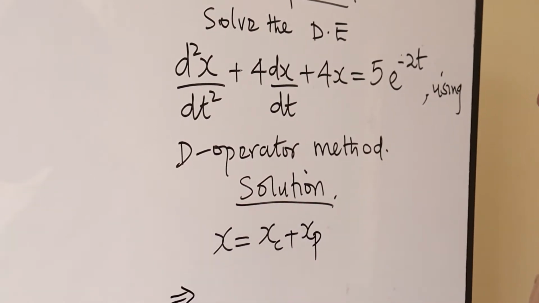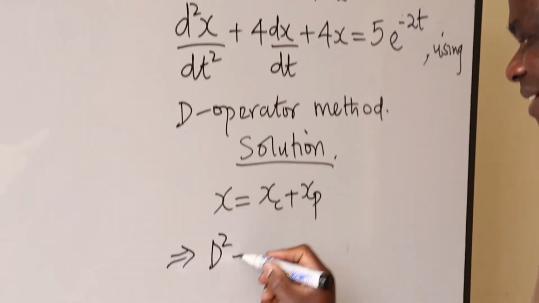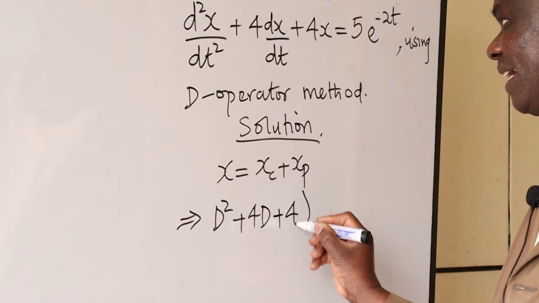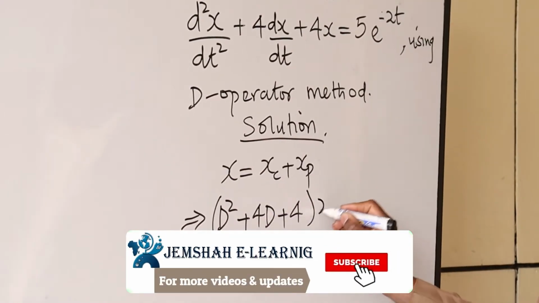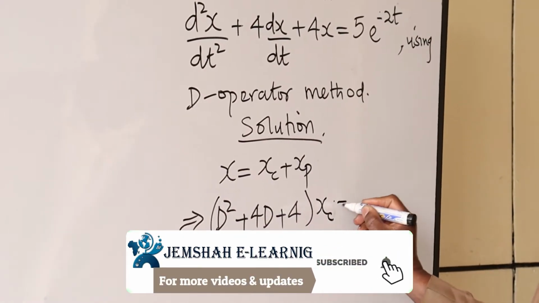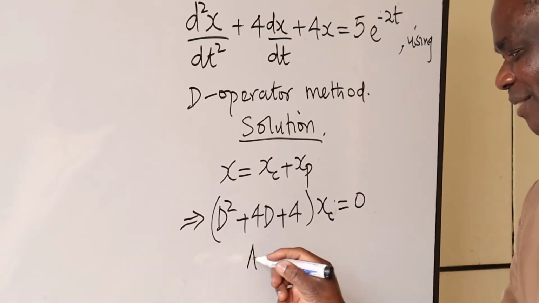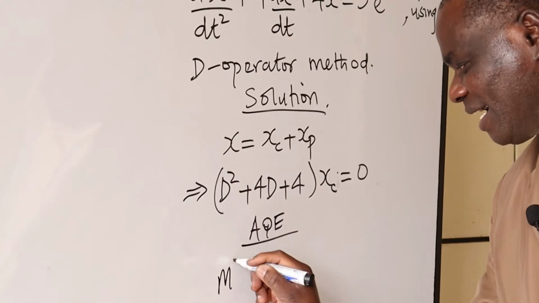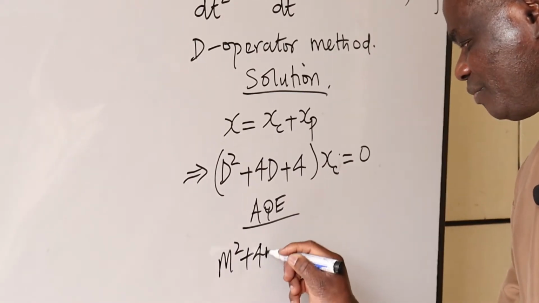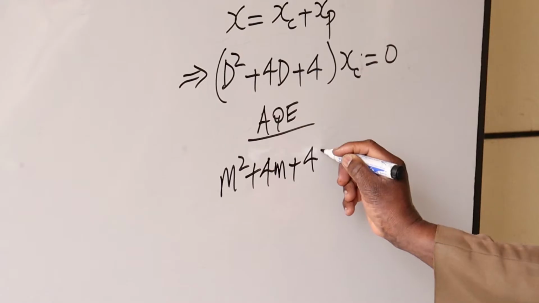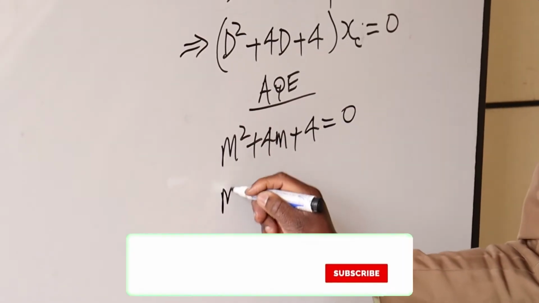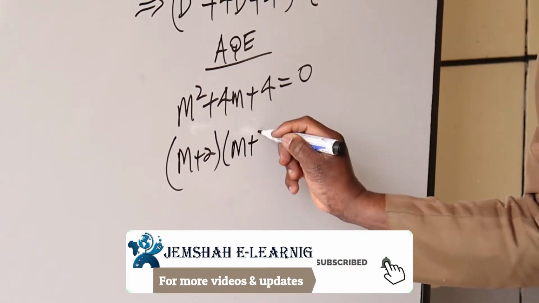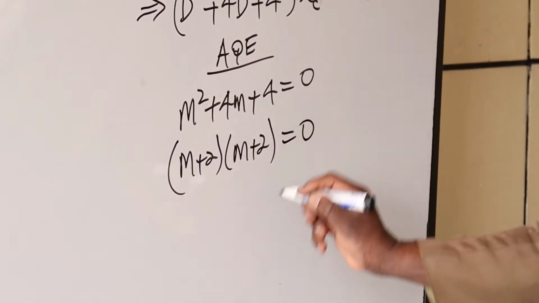This implies what? Our d squared plus 4d plus 4 into x should be equal to 0. Auxiliary quadratic equation will be m squared plus 4m plus 4 is equal to 0. This is (m plus 2)(m plus 2) is equal to 0.